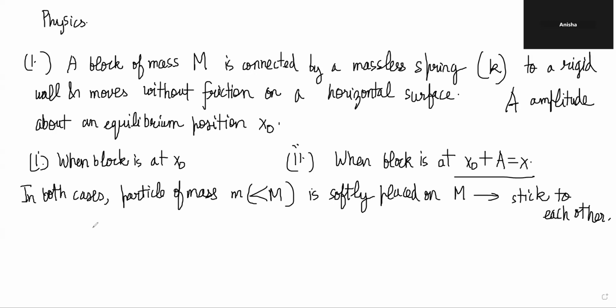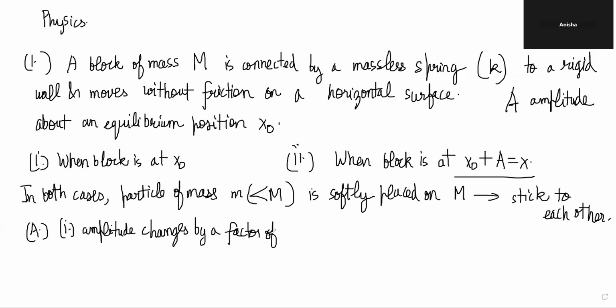Now, you have to select the correct option for the motion after the mass m is placed on the other mass. So, the first option is: in the first case, amplitude changes by a factor of root over M by m plus M, and in the second case it remains unchanged.